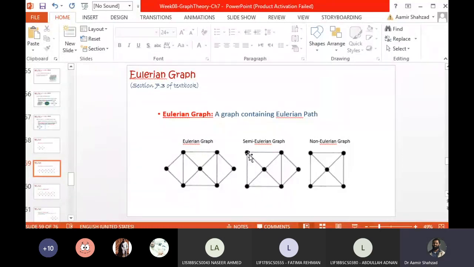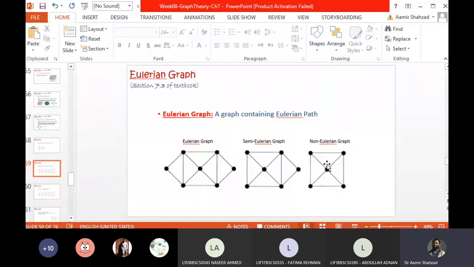No, something went wrong. So if I start from here, coming down, this side is traversed, coming here, I come here, here. Yeah, so I started from the upper point, so I cannot go to the upper point anymore. So I cannot end up at my starting point. So that's why it's called a semi-Eulerian graph.